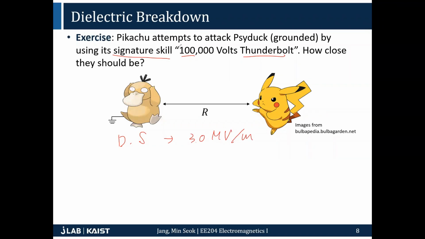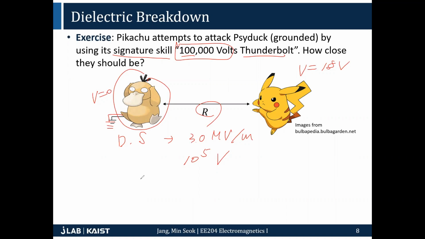And then it seems like Pikachu can only generate 10 to the 5 volts, right? And then assuming that the side up here is grounded, what I mean by grounded is V is 0, okay? And then Pikachu can be as high as V equals 10 to the 5 volts. Then how close should they be in order to create lightning?